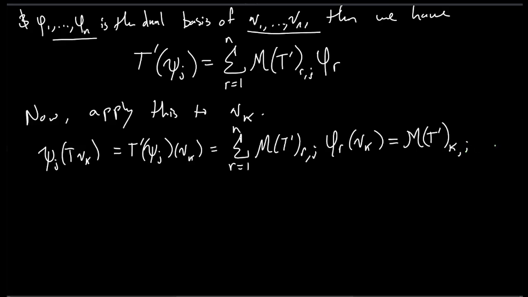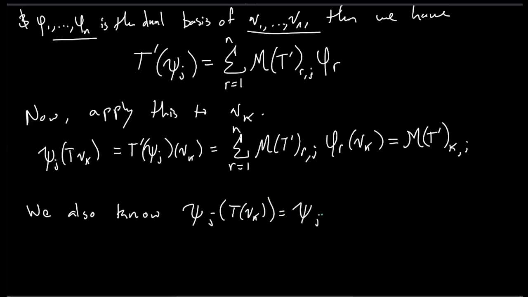Oh, wait a second. Think about this. We also know that psi j of T of Vk is equal to psi j of Tvk, but we should write what Tvk is.